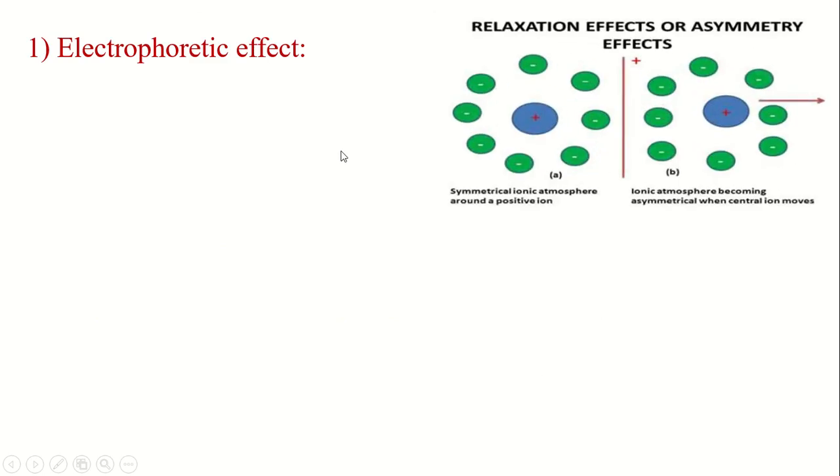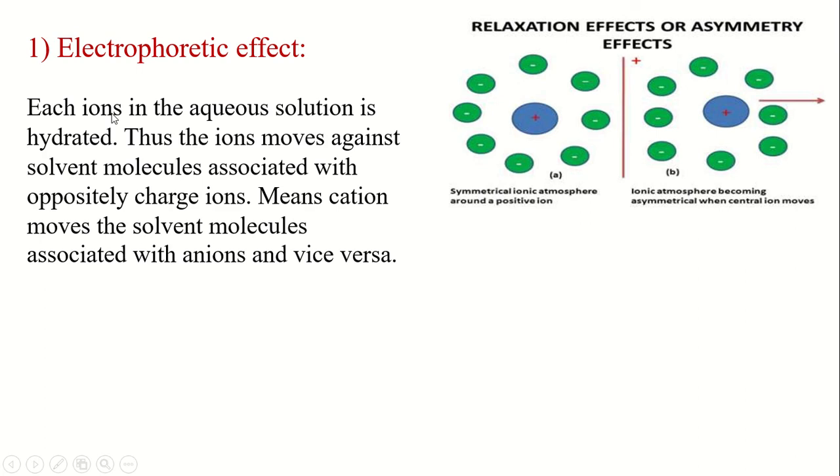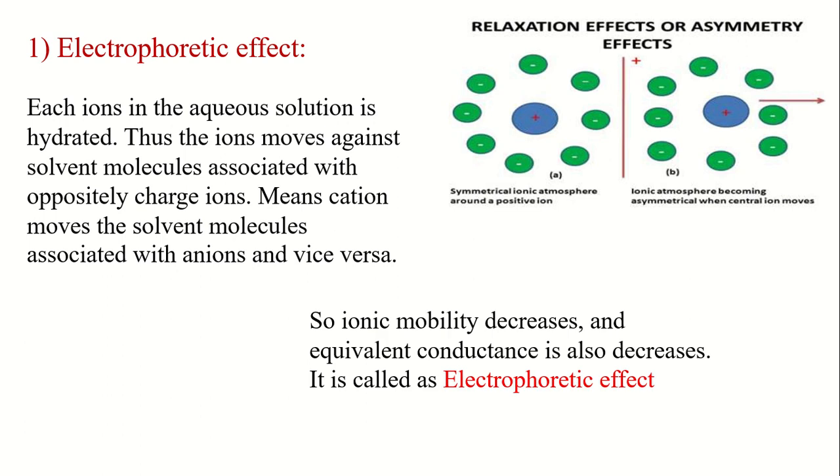Now, the second effect is called the electrophoretic effect. Each ion in aqueous solution is hydrated. The ions move against solvent molecules associated with the oppositely charged ions, meaning the cation moves against the solvent molecules associated with the anion and vice versa.